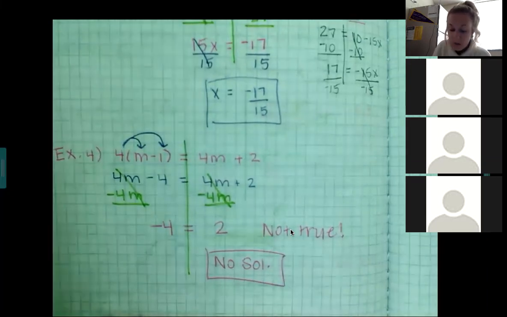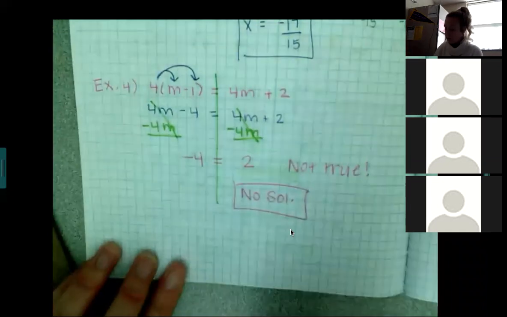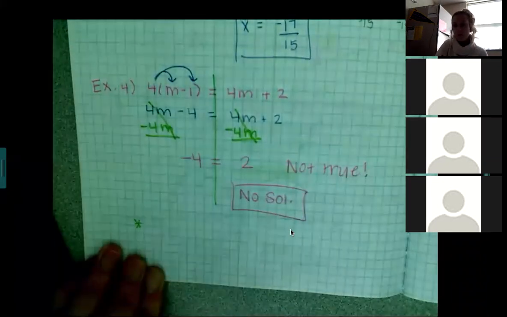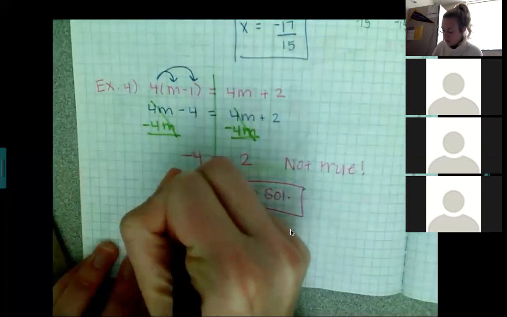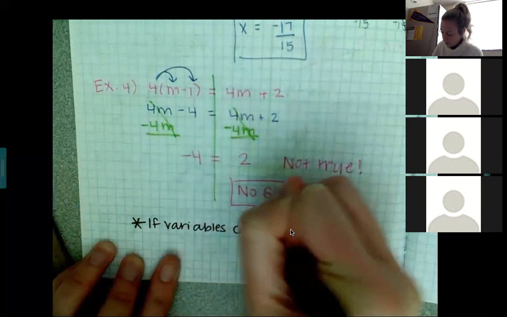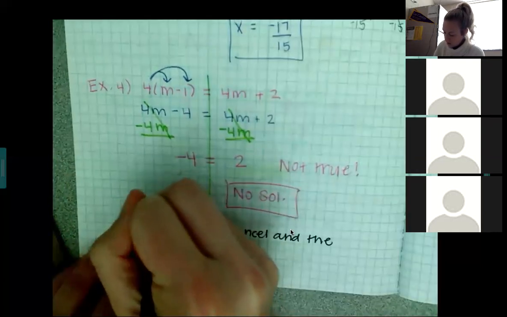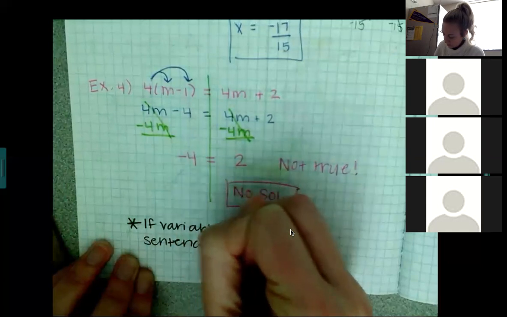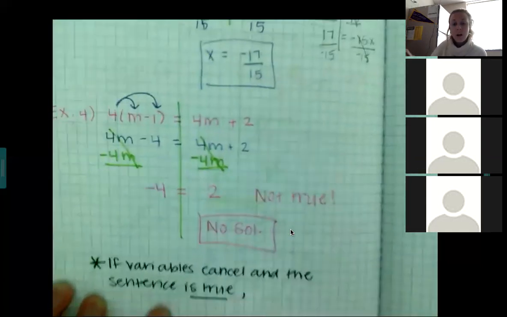What if you're left with something that is true? Anybody? I forgot the name. It's like equal sides or something like that.